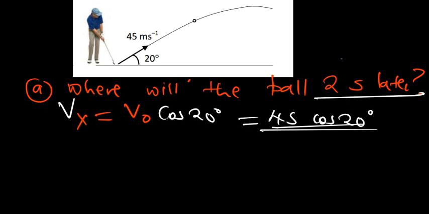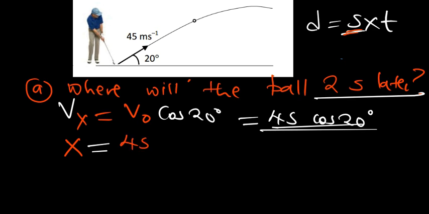So for us to determine the distance covered in the x direction, remember we understand that distance is actually speed multiplied by what? Time. Since we understand speed is constant, in this case of course velocity, so 45 cosine 20 degrees multiplied by the time, which is 2 seconds.